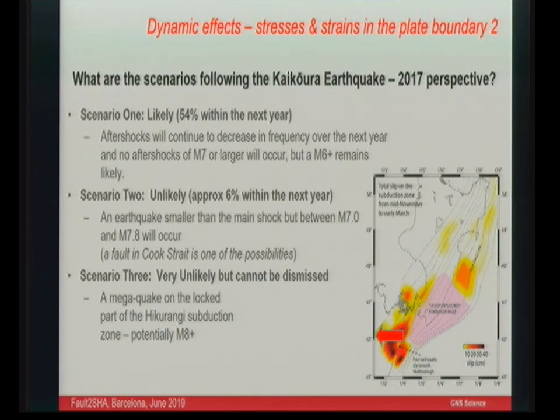So that was also one of the advices, somewhere between magnitude 7 and 7.8 capable faults in Cook Strait. Scenario 3, very unlikely, but don't discount it, that this could trigger the locked part of the subduction zone. So that was considered to be unlikely, but we should be somewhat prepared.